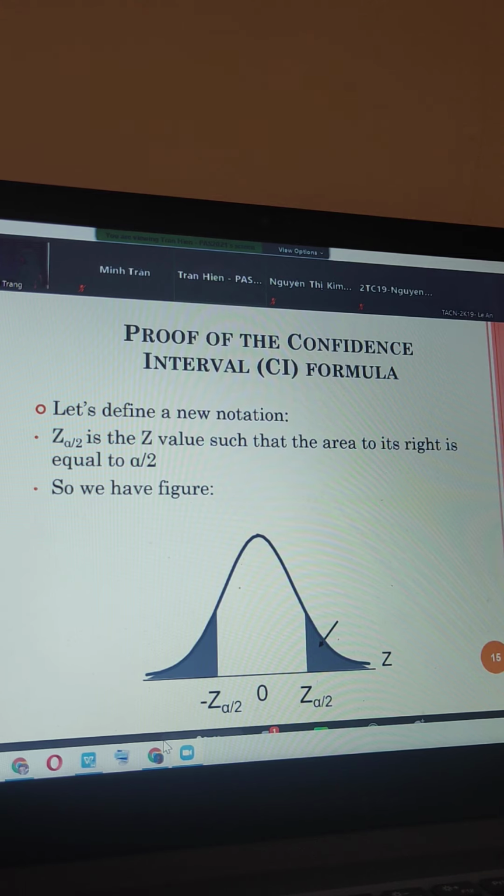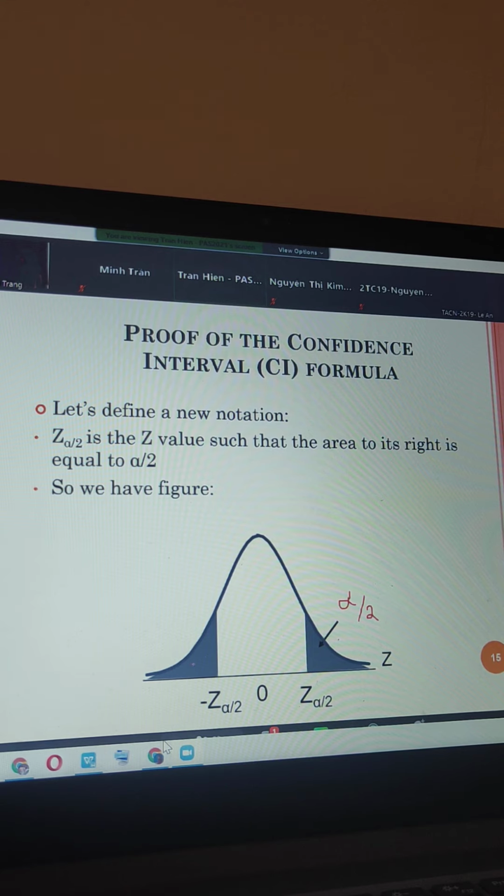So when you look at the figure in here, z alpha over 2 is the z value such that the area to its right is equal to alpha over 2. Because it is the standard normal distribution, it is bell shaped and symmetric, right?